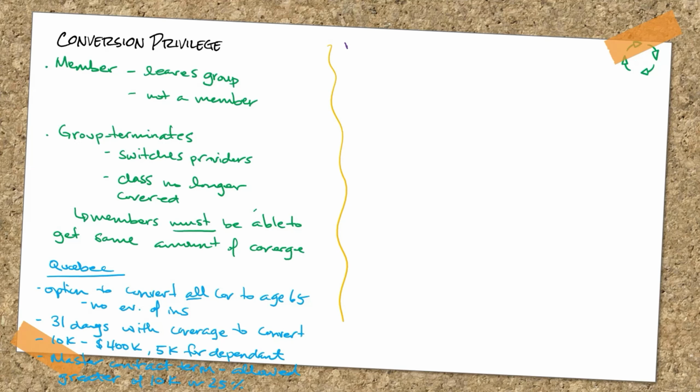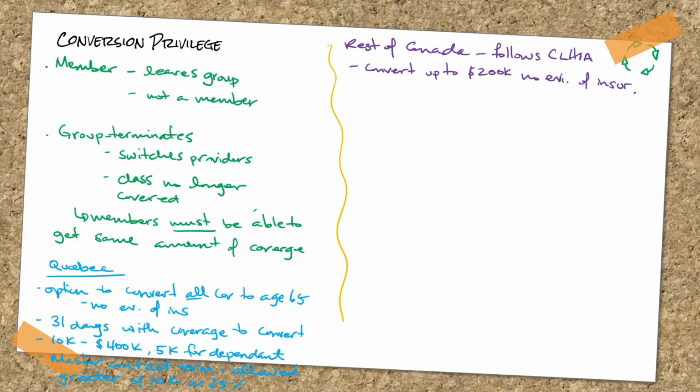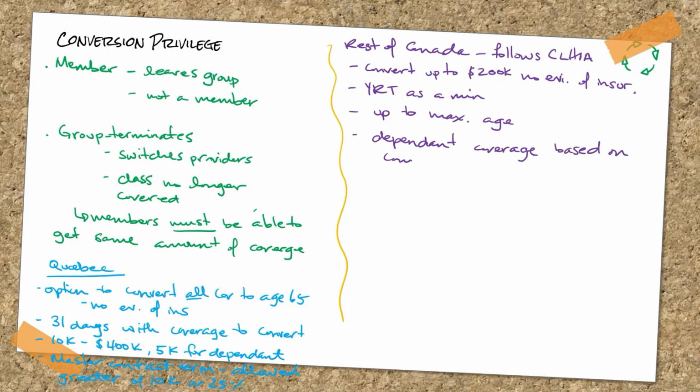The rest of Canada follows the CLHIA guidelines, and this means that they are allowed to convert up to $200,000 without evidence of insurability. YRT is the minimum, and there's a maximum age for this conversion privilege, usually something around 65. And the dependent coverage is not included in the guidelines, so it is based on whatever the company chooses to do.